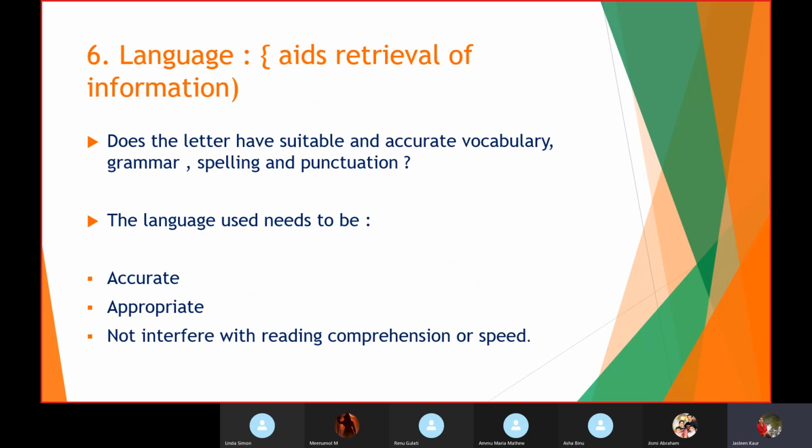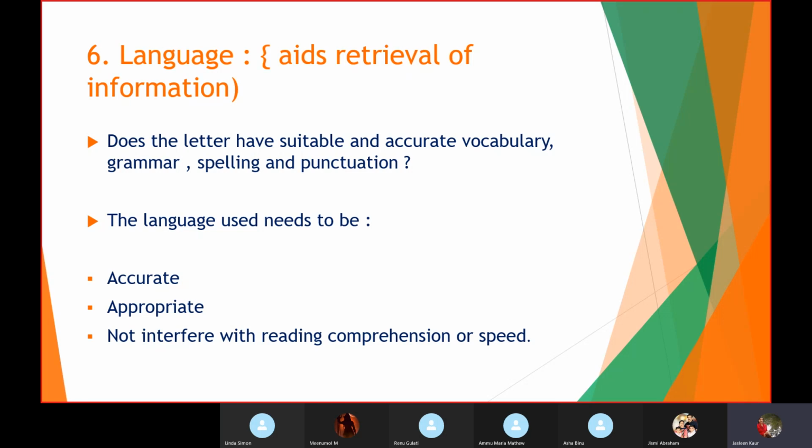Now, yes, the last one is the language. And language, of course, does your letter have accurate vocabulary, grammar, spelling, punctuation? All this is important.